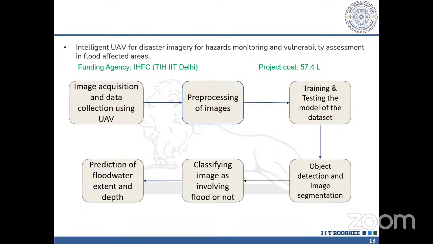You Only Look Once. In image segmentation, we categorize the image, like whether water is there, or a vehicle is there, or any house is there. So we have to segment the images and classify the image as flooded or not. And then finally we predict the water height and the extent of the flooded area.